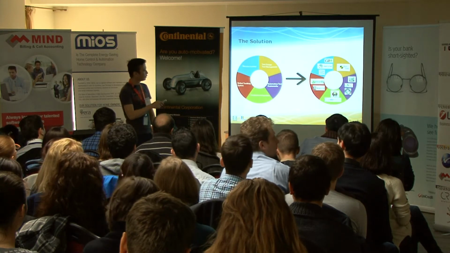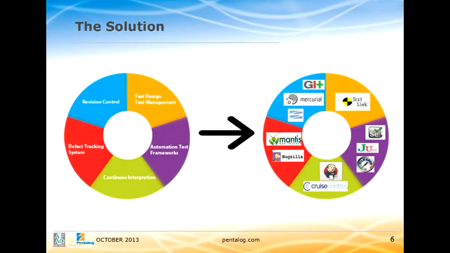Now look at the right pipe. Here I filled the pipe in with open source tools. This is not all; there are many, but I just picked some widely used now.